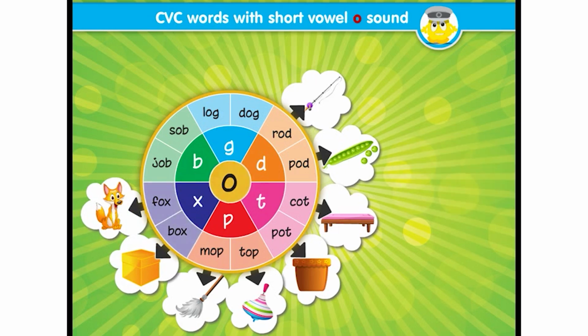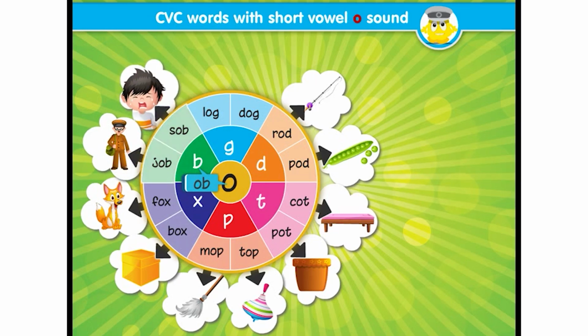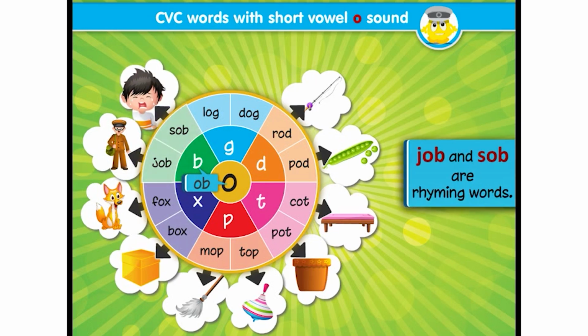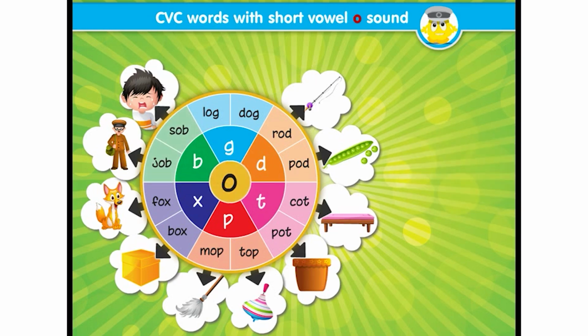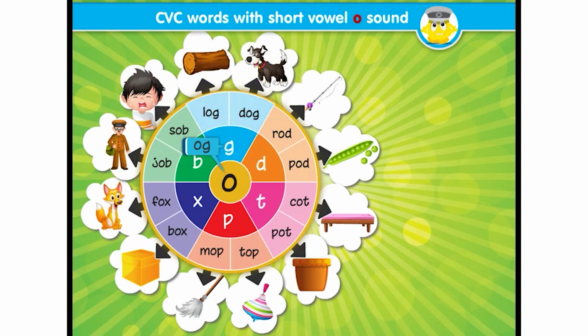O and B makes ob, as in job and sob. Job and sob are rhyming words. O and G makes og, as in log and dog.